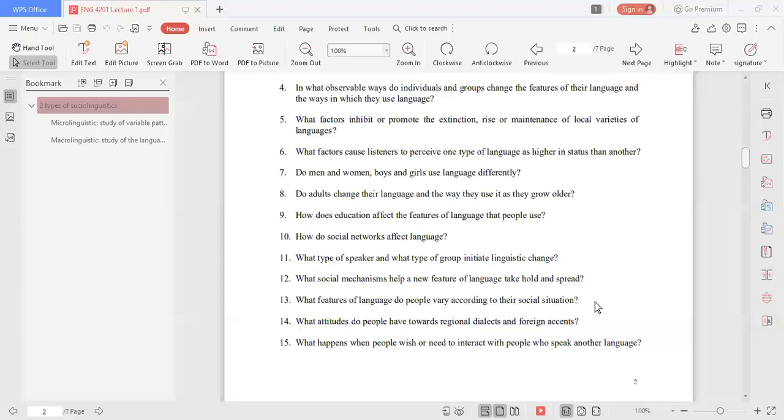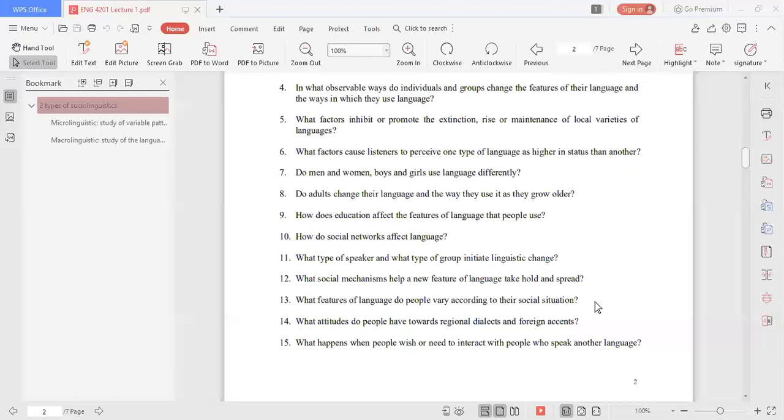Then what features of language do people vary according to their social situation? We are in different social situations, and according to the social situations, our features of language also keep changing. For example, if you go to a funeral, it is one social situation. A marriage ceremony is one social situation. A birthday party is one social situation. Celebrating your friend's achievement is one social situation.